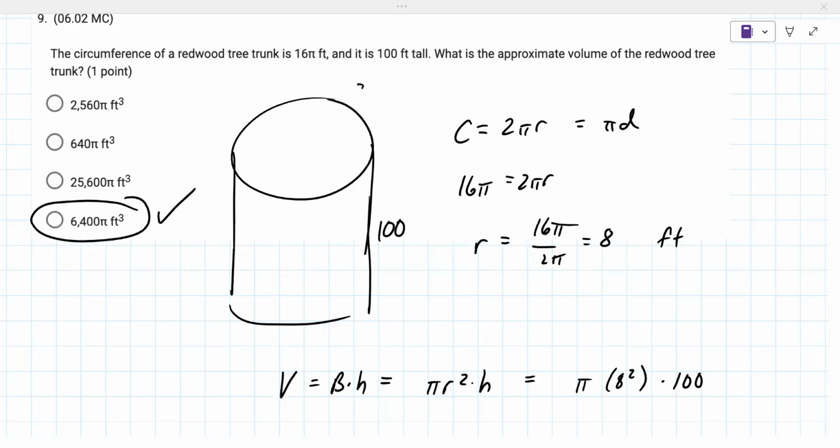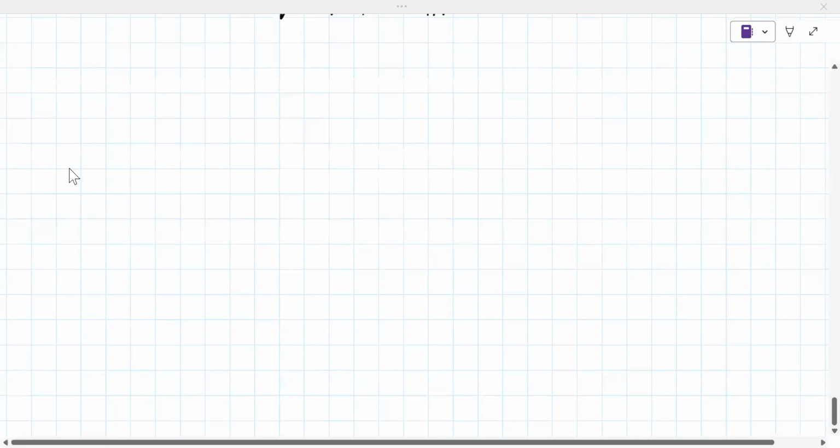There it is. So we get this next one knocked out here.